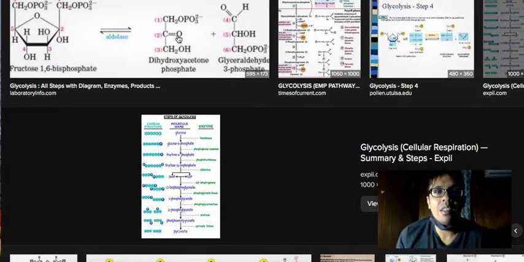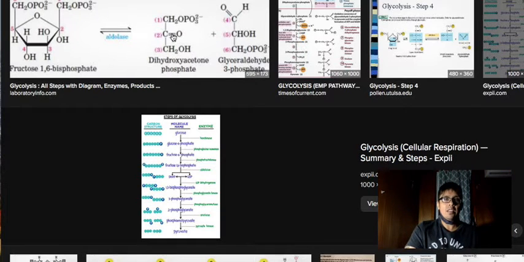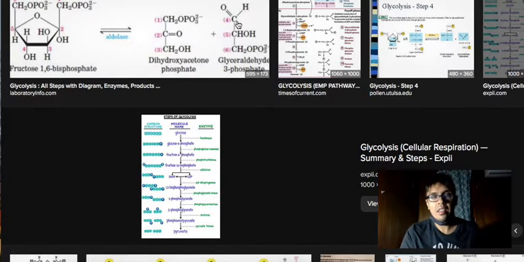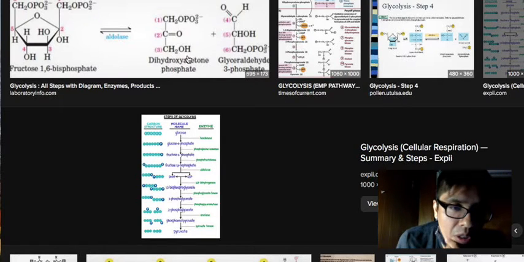The ketone has the carbonyl oxygen in the center of the molecule, and the aldehyde phosphate has the carbonyl oxygen at the end of the glyceraldehyde 3-phosphate molecule. So yeah, that's just a note.